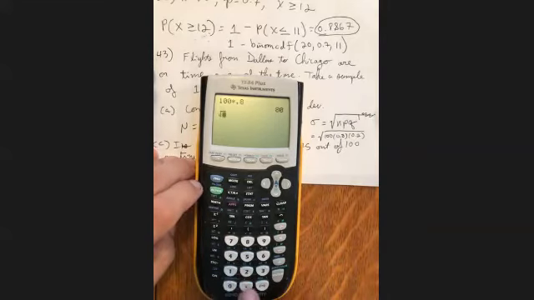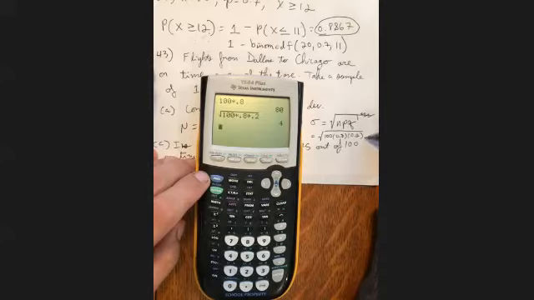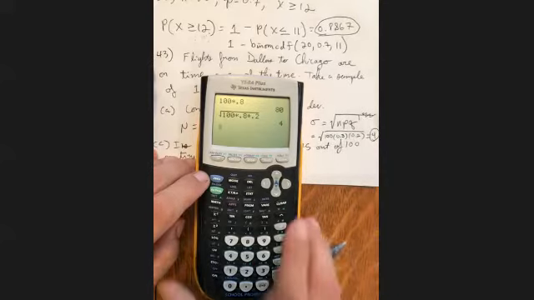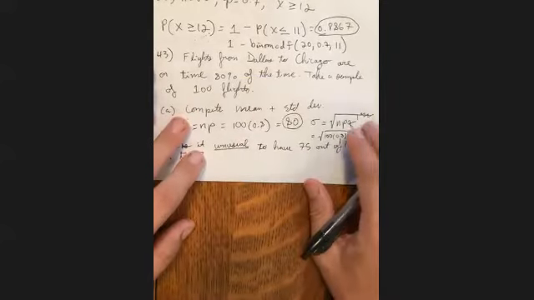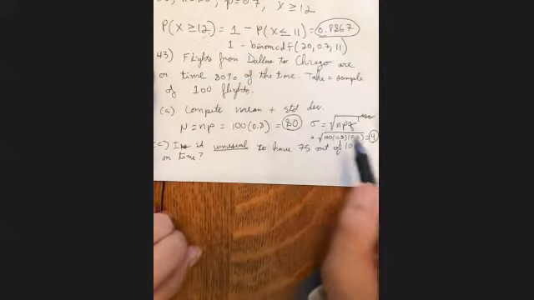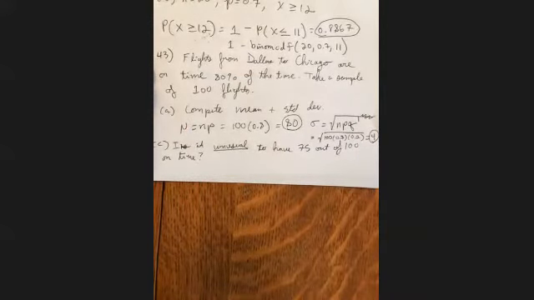Square root of 100 times 0.8 times 0.2. And that gives us a standard deviation of 4. So mean of 80, standard deviation of 4. So a mean of 80 means on average 80 out of 100 flights are on time, which is what we expect.